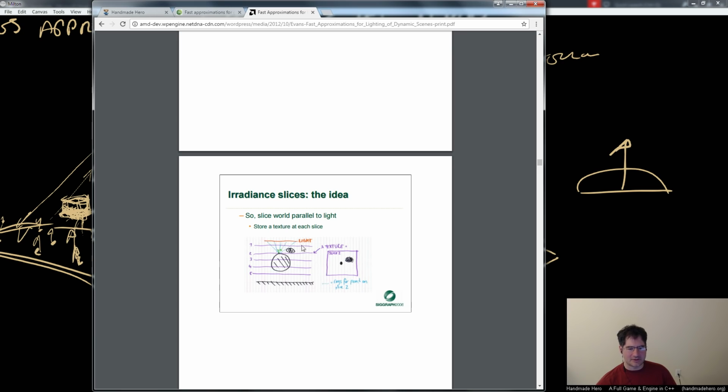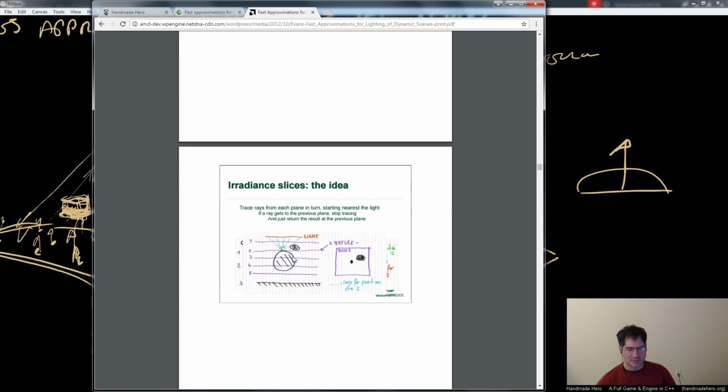So basically what they do is they take a light source and they slice the world into slices based on the light source, and that's basically going to make a voxel, right? It's going to make a 3D thing of information about the light. They want to store lighting information into these slices so that they can accelerate rendering and not have to actually trace lights around.